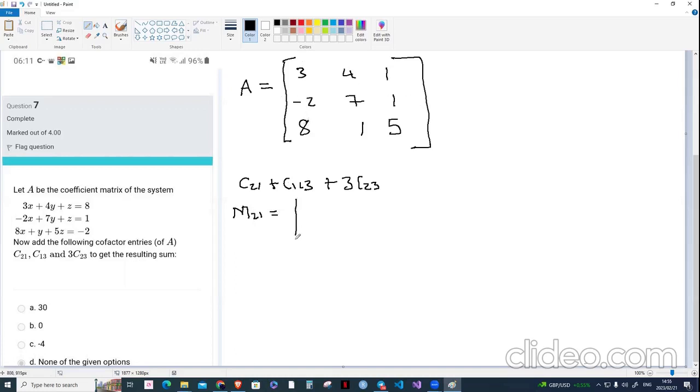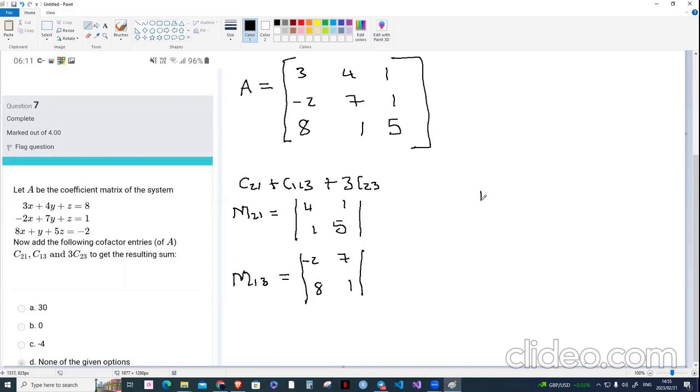I'm going to be left with 4, 1, 1, 5. Let me check again. I cancel this and I cancel this. Yes, I'll be left with 4, 1, 1, 5, which is correct. Then M13: I cancel this and I cancel this. I'm going to be left with -2, 7, 8, 1.